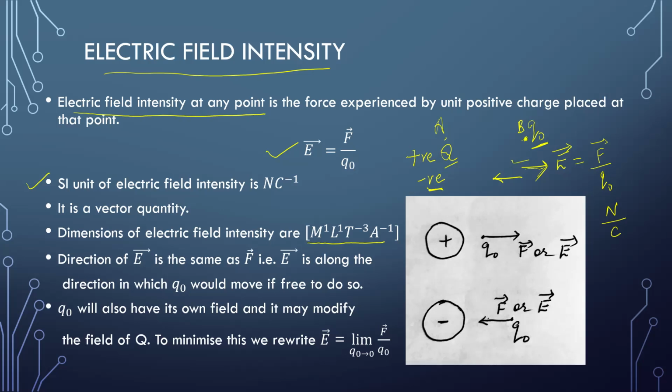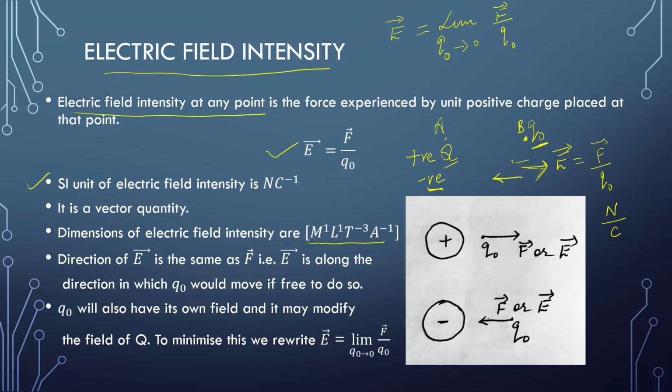Therefore, in order to define the electric field intensity at a point very precisely, we write this particular expression as E vector is equal to limit of Q naught tending to 0, F vector upon Q naught. Mind you, this is Q naught tending to 0, but it is not 0, which I am trying to tell you means that it is very small.